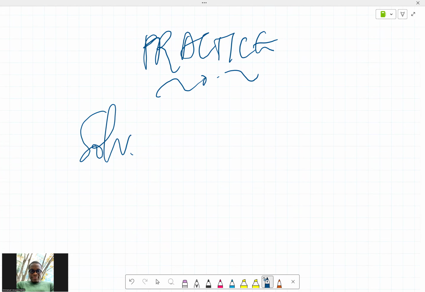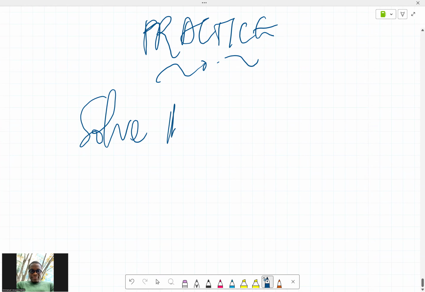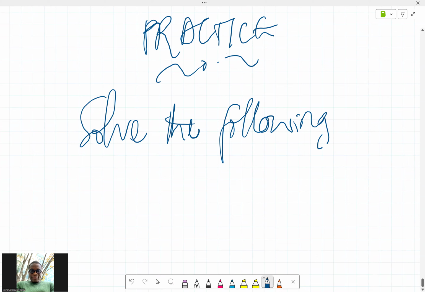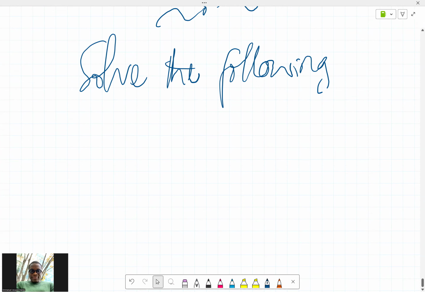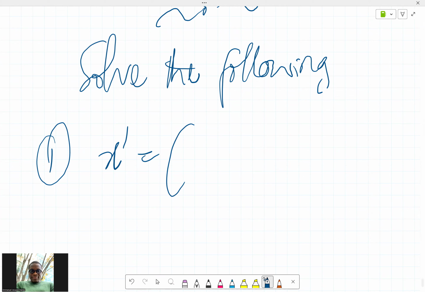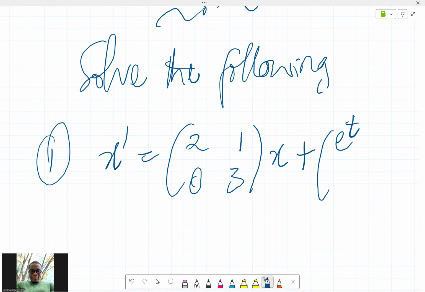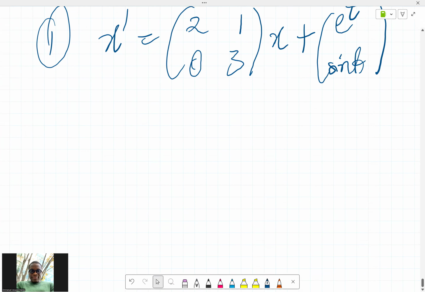Solve the following. 1, x prime equals 1, 1, 2, 1... 0, 3. Looks like what we just did now. X plus e raised to power t, then we have sine t down here. Do this using variation of parameters.